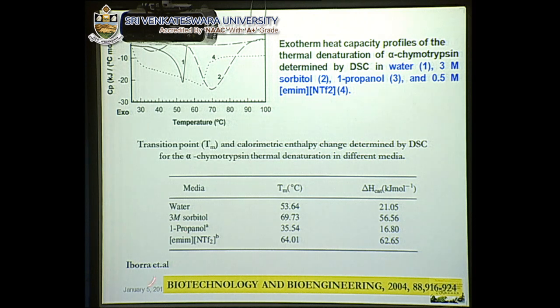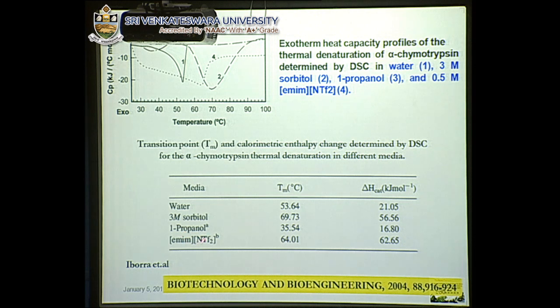Later on, Ibora from Spain took four different solvents: water, sorbitol, propanol, and an ionic liquid. You may see here, in the presence of water, the protein starts to denature at 53 degrees Celsius. That means water gives protection up to 53 degrees Celsius. In the presence of sorbitol, it is 69. Propanol, as I already told you, is an organic solvent that is not protecting, so it is a denaturant.